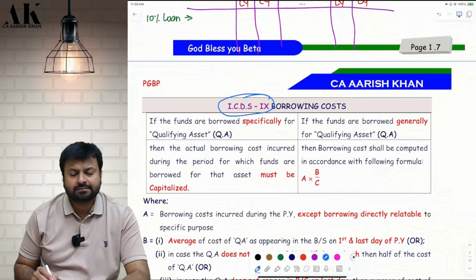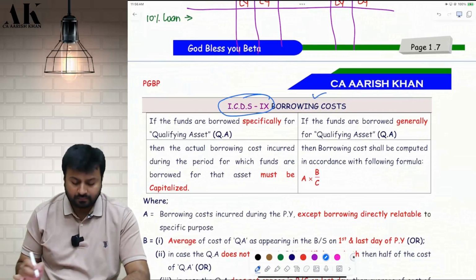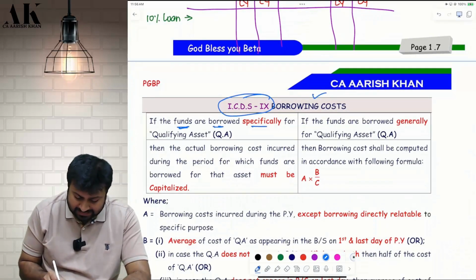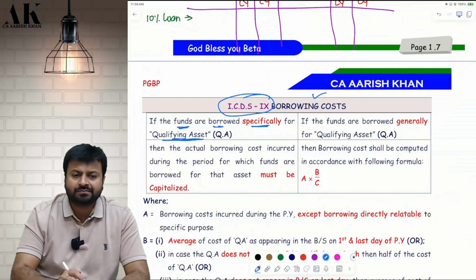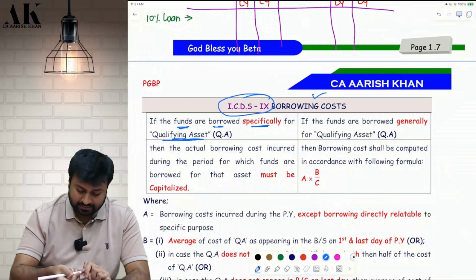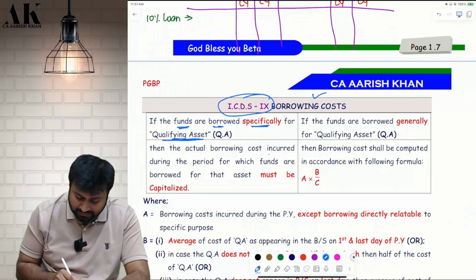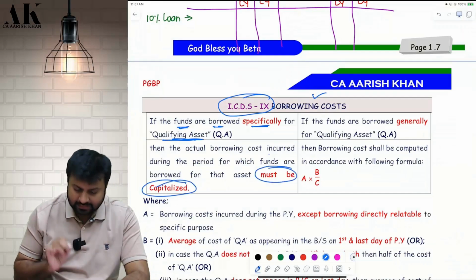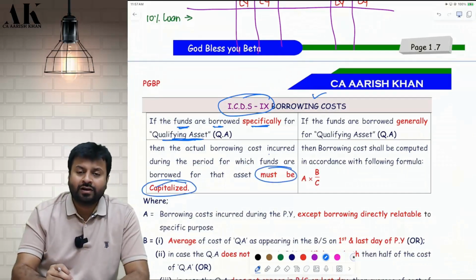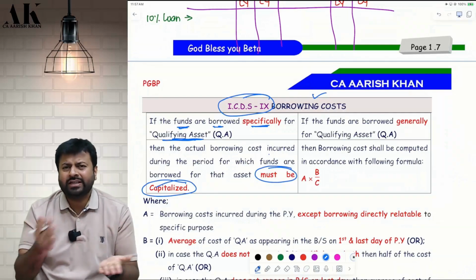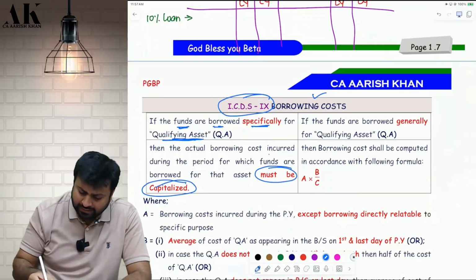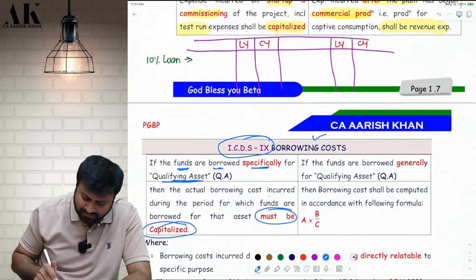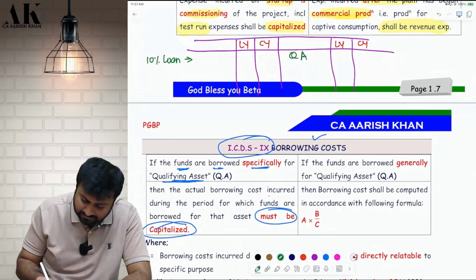ICDS 9 says, borrowing cost: if the funds are borrowed specifically for qualifying asset, then the actual borrowing cost incurred during the period for which the funds are borrowed for that asset must be capitalized. Close your eyes and capitalize. Don't think much because you know it is only for this asset. Yes or no? It is only for a qualifying asset. You don't have to think much about it.